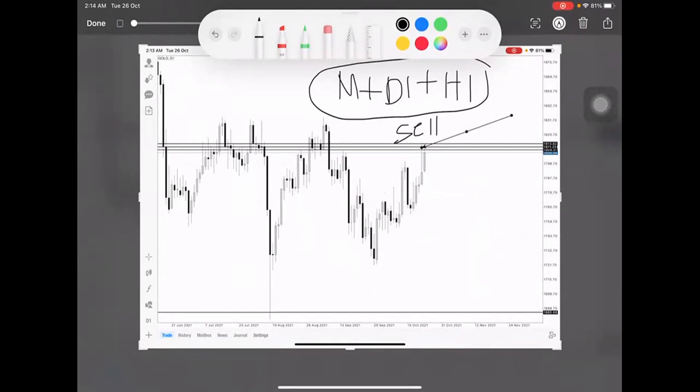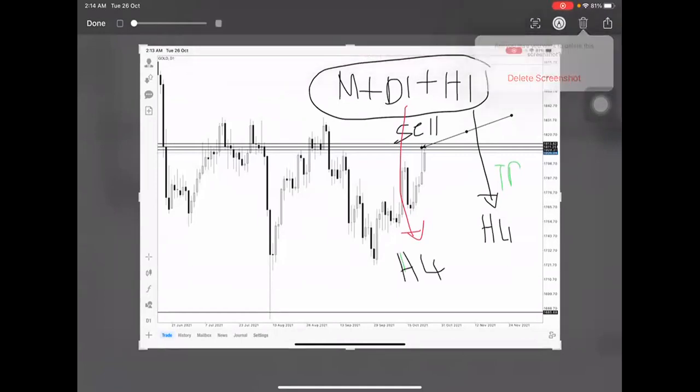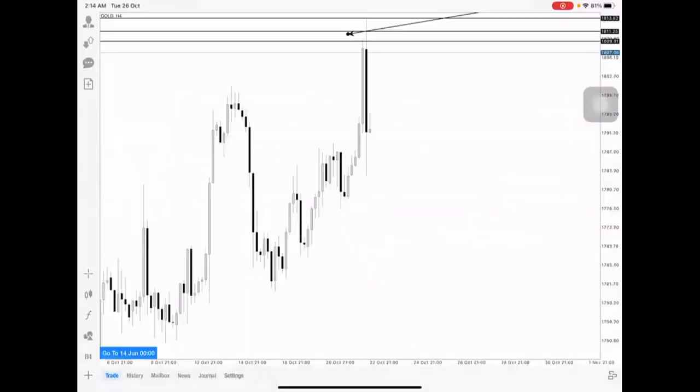So what time frame first must we monitor? H4, yes, of course H4. So H4 is another breakout, or TP is H4, right? So the roadblock is H4, or day one to H4. So we go to H4.